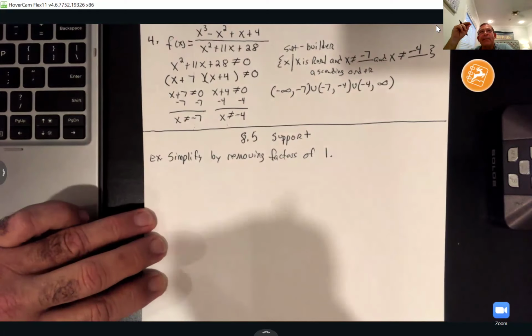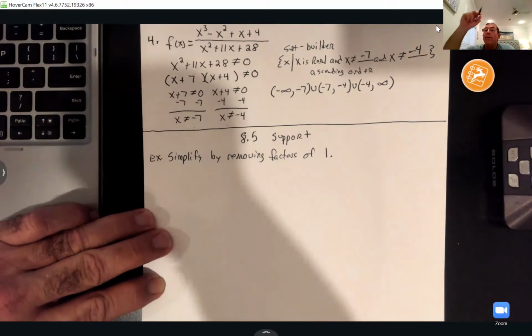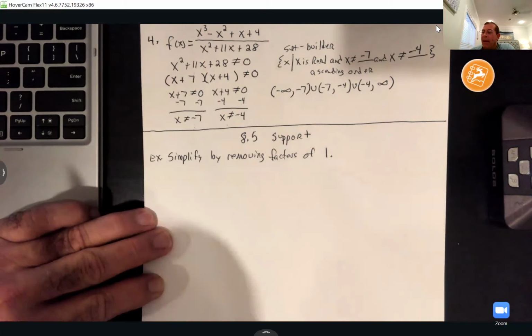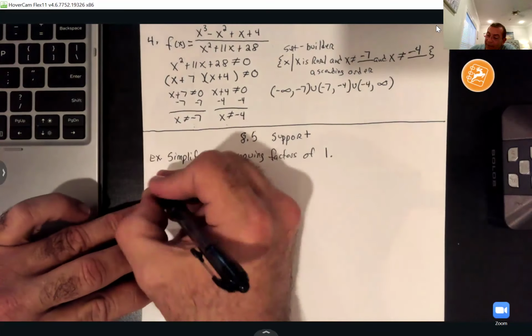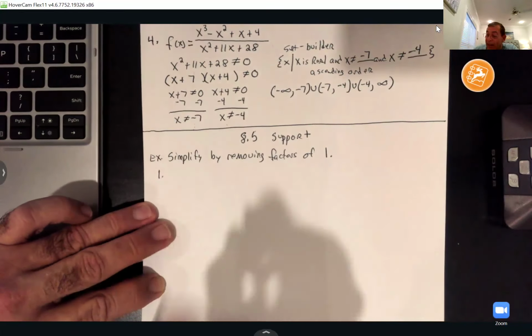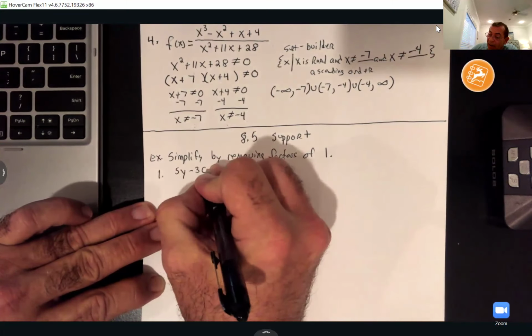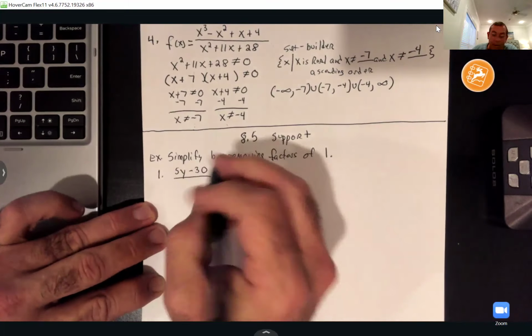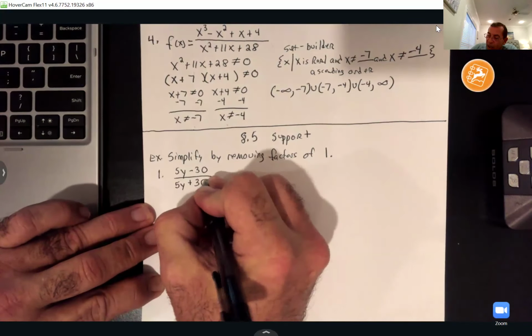What that means is if you get a factor on top that matches the factor on the bottom, we can cancel them out, and that'd be like canceling out a 1, okay? So there's 3 of these is all. So 5y minus 30 over 5y plus 30.